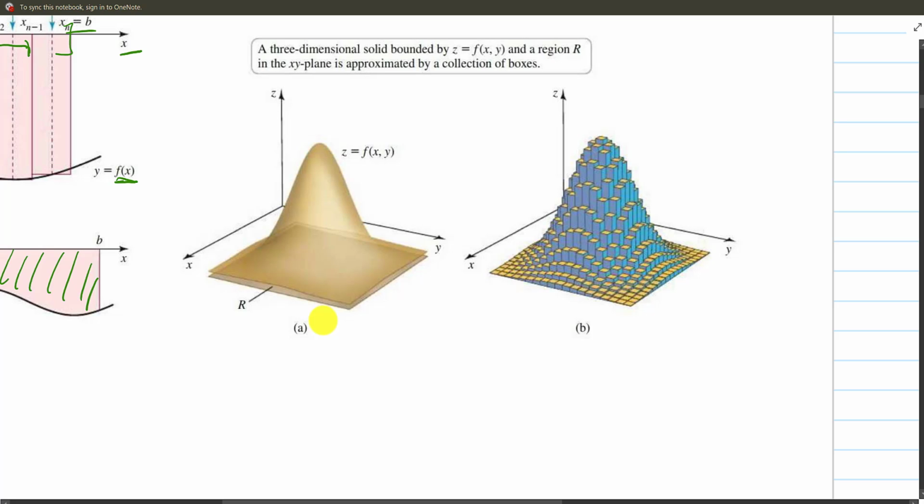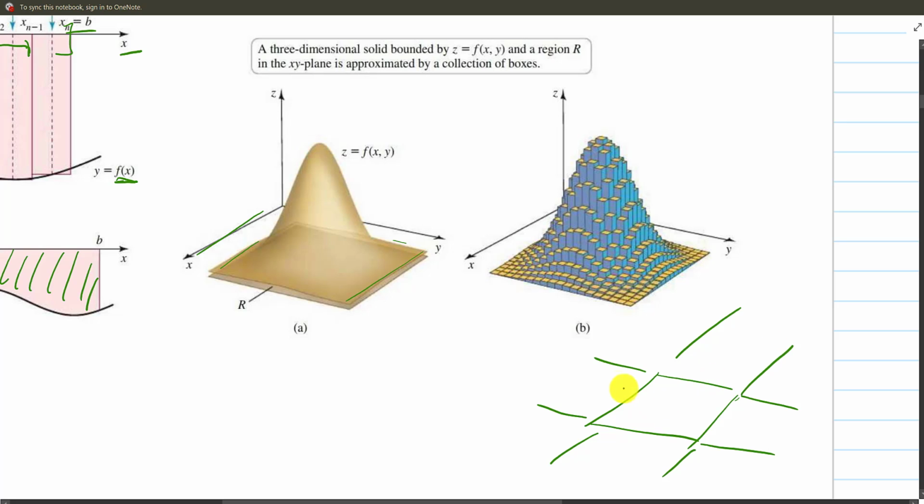So in Calc 3, we're going to start off by developing an approximation method and then look at that limit. And our strategy here will be, if we want to approximate the volume under this surface here, I'm thinking of this as total volume or net volume, it doesn't matter. But if we want to compute the volume beneath this surface and the xy plane, then what we're going to do is take a bunch of little rectangular regions. So maybe we've got this grid of all these different rectangular regions, and here is maybe one of them.